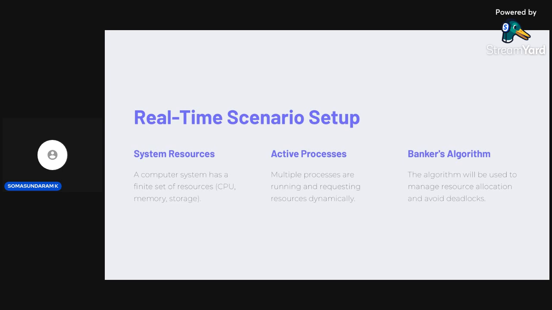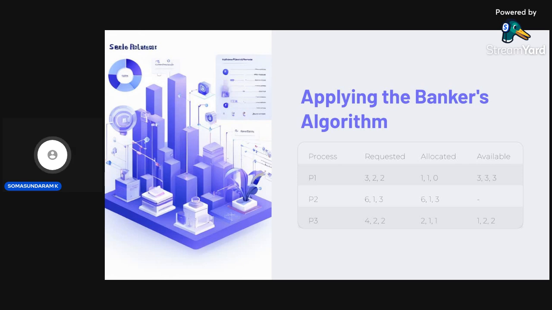Real-time setup. System resources: a computer system has a finite set of resources: CPU, memory, storage. Active processes: multiple processes are running and requesting resources dynamically. The algorithm will be used to manage resource allocation and avoid deadlocks. Applying the Banker's algorithm, consider processes P1, P2, P3.